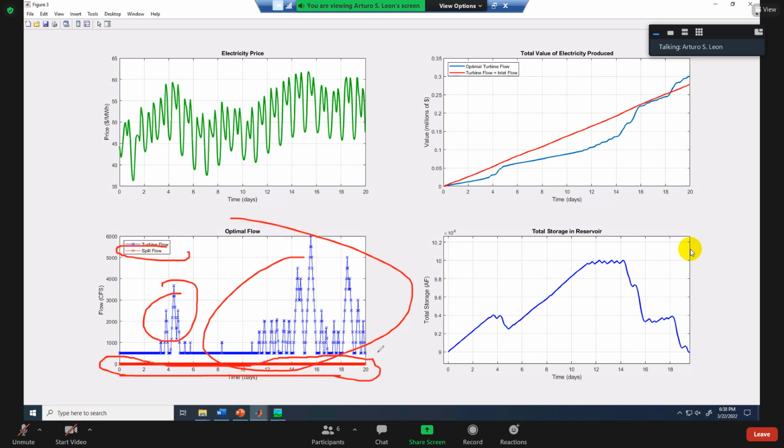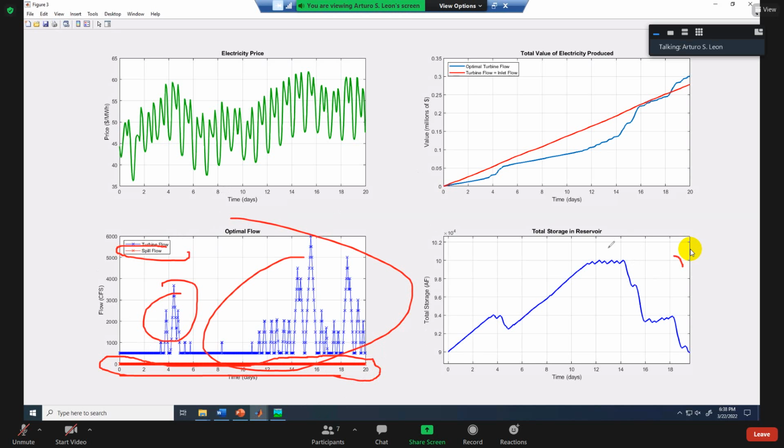However, during flooding, or whenever you are going to have too much water, the model might tell you, hey, you need to put some water in the gated spillway. Why? Because you will have too much water, so you might produce problems. Or maybe if you have to satisfy constraints. In this case, it's asking me not to put any water in the gated spillway.